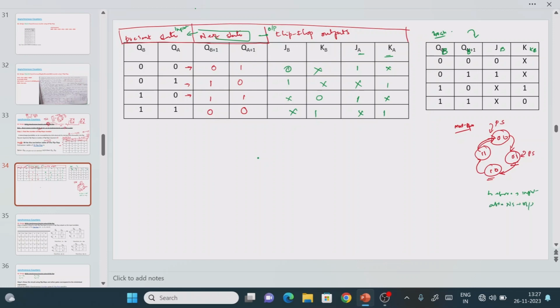After the next state, how many output values do we have? One is JA, another is KA, one more is JB, one more is KB. Right? How many inputs do we have? Only 2 inputs. It means that what is the possibility? 0, 1, 2, 3. Right? So before the next states are the inputs, after the next state we call the output values.